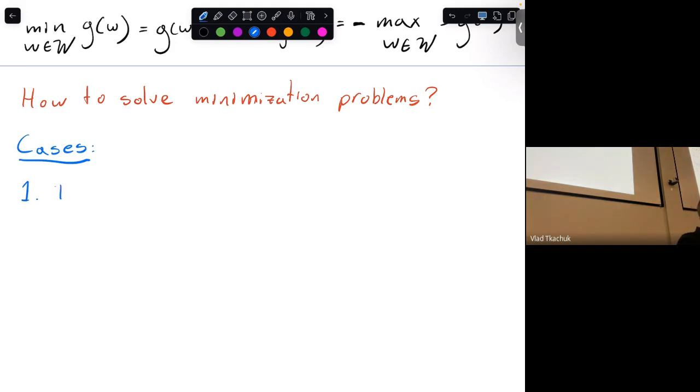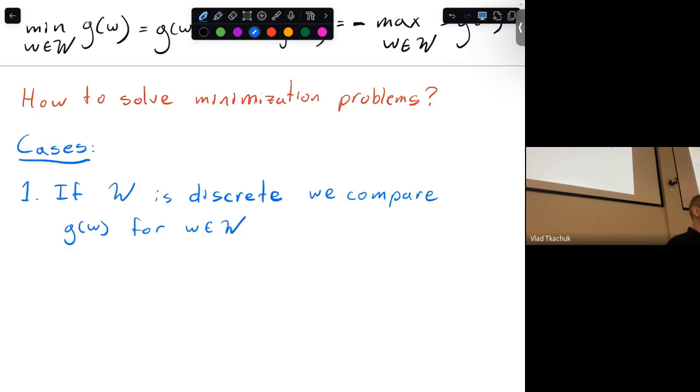This is called discrete optimization, and it's a very complicated topic in general, and there are no really great ways to optimize these discrete functions. So if W is discrete, then we compare g of w for all the points, for all w. That's the extent of what you need to know for minimization if you have a discrete domain.